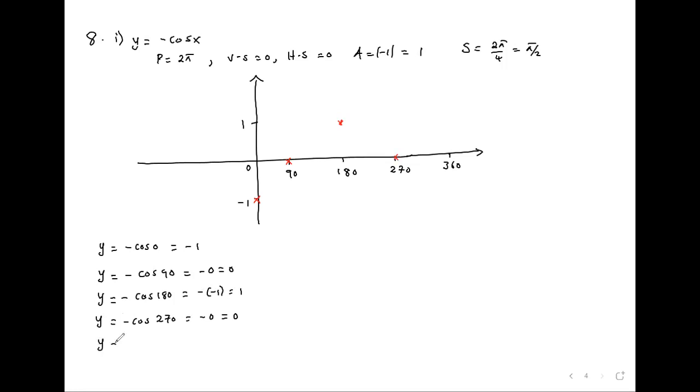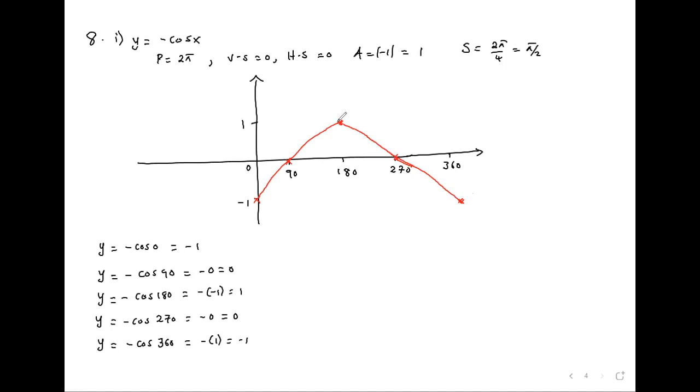And then y is equal to negative cos 360. But cos 360 is 1. So we get negative 1. So the graph comes down. And then we sketch. So this will be the sketch. It's hard to sketch, it seems.